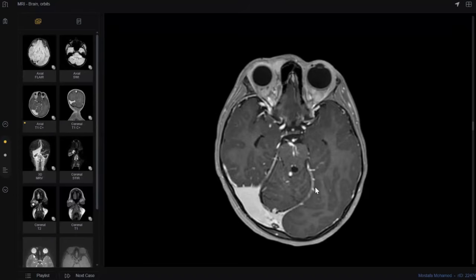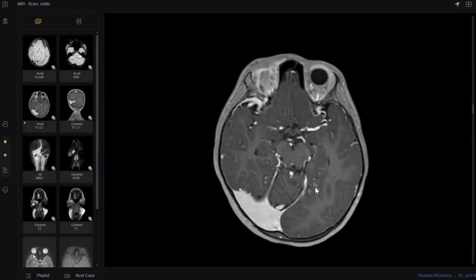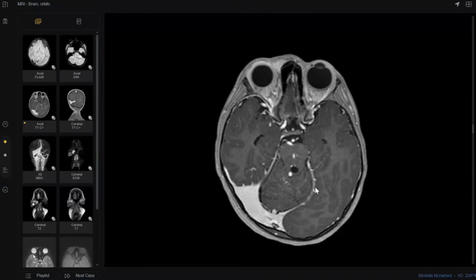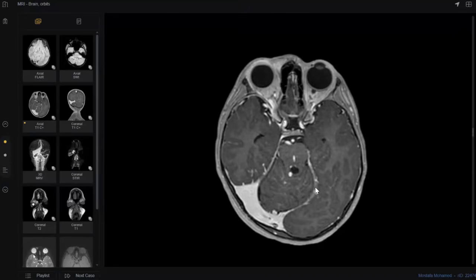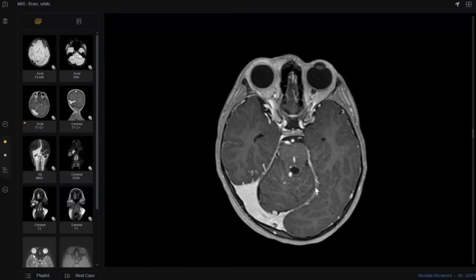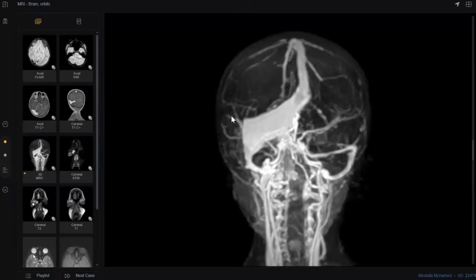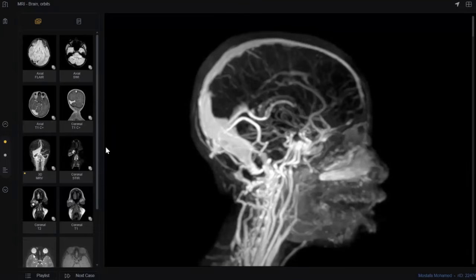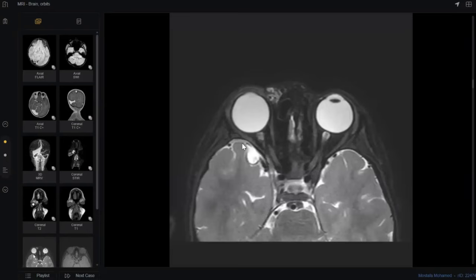Look at the right eye, please. Both eyes appear normal in size. I'm looking for any soft tissue abnormality in the orbit. I think the dilated vessels are there in the right orbit.